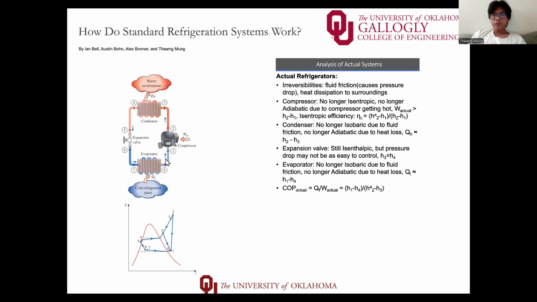Pressure drops and the heat transfer to the environment also occur in both the condenser and the evaporator, reducing their efficiency. The expansion valve remains isentropic, but the pressure drop is harder to control. As a result, the actual COP becomes a ratio of reduced cooling effect to the increased compressor work. Overall, these real-world losses mean the actual COP is always lower than the ideal COP, and the difference reflects the impact of system inefficiencies and energy losses.